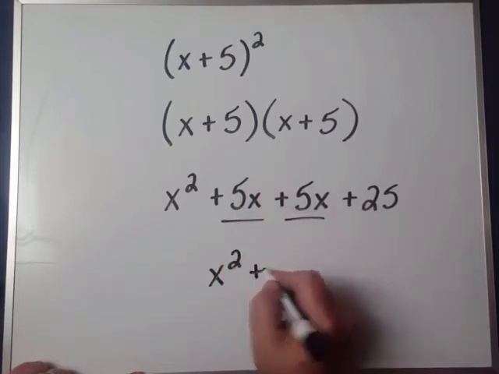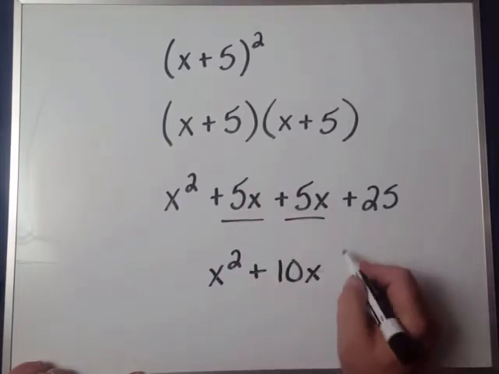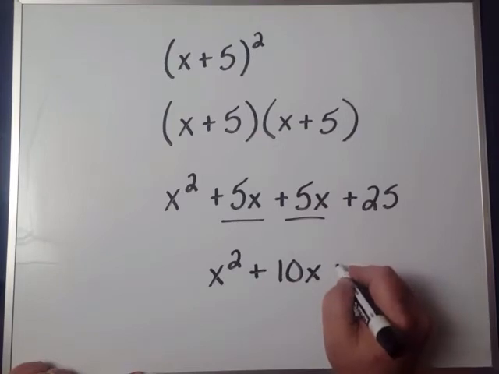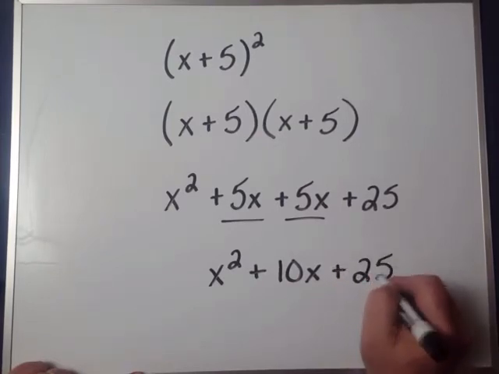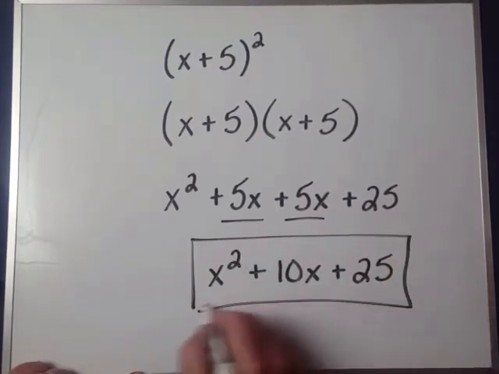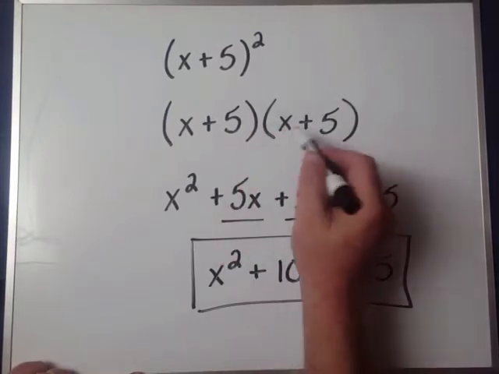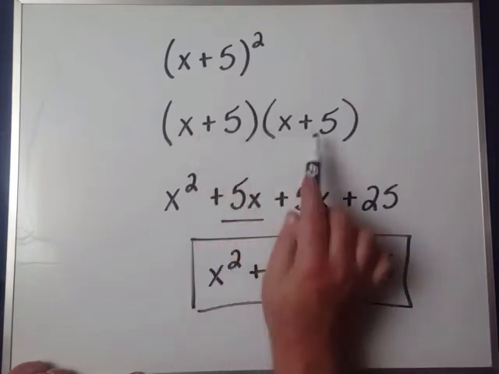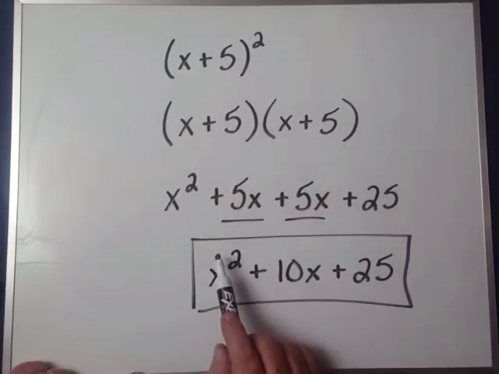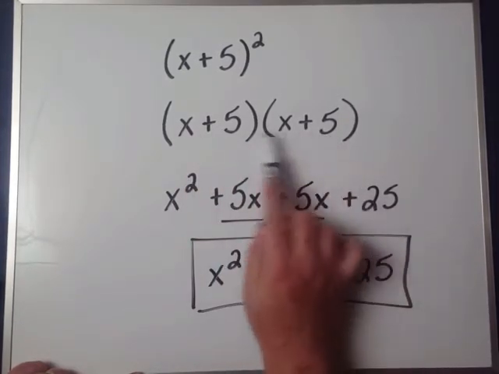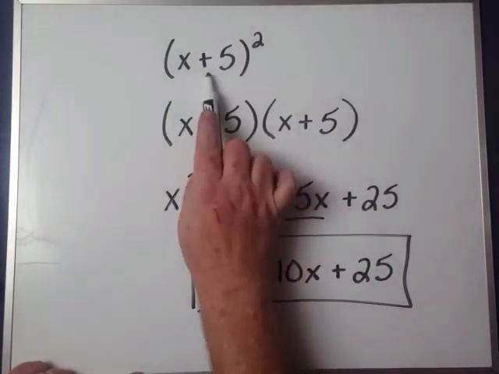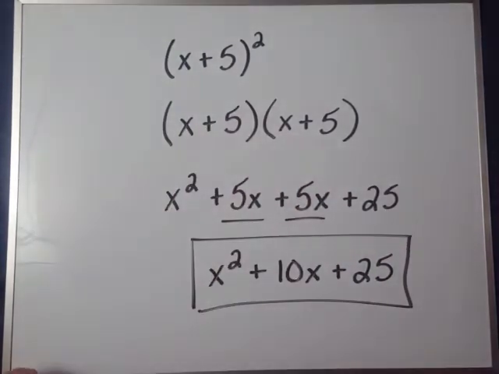Now in a problem like this, wouldn't you expect for the outside and the inside to always give you the same two terms here in the middle? Every time, because the outside and the inside are going to be products of those same terms. An x times 5, a 5 times x, they both come from this having been the original problem.